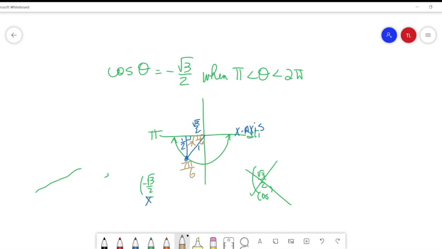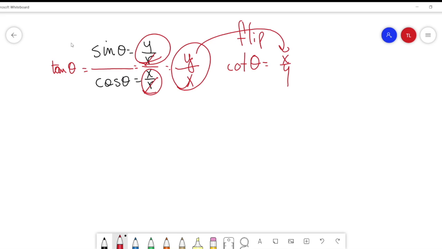Now, people, what about secant? Secant is 1 over cosine, 1 over x. But since it's not a unit circle, it's what?